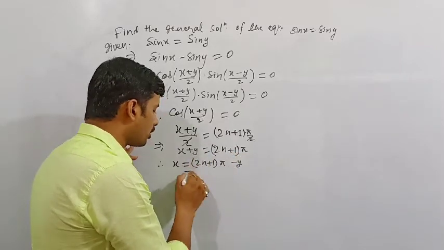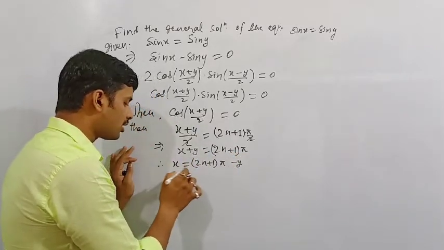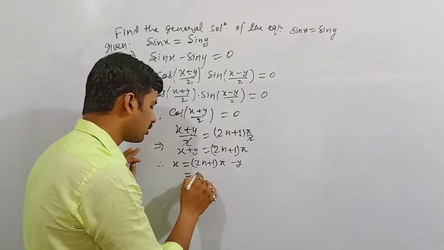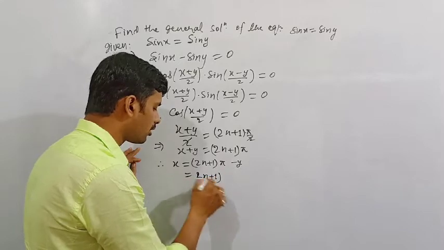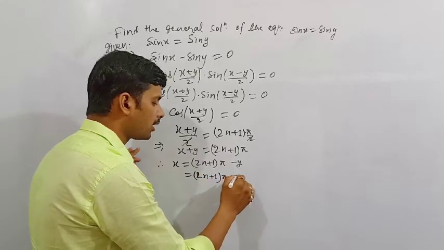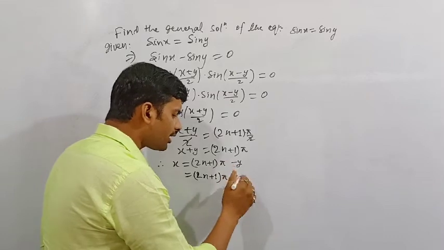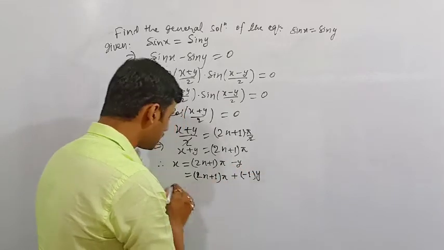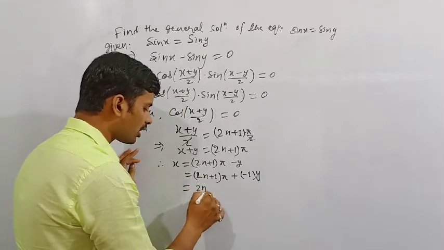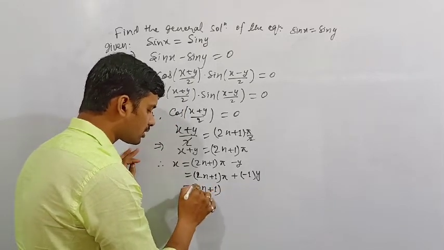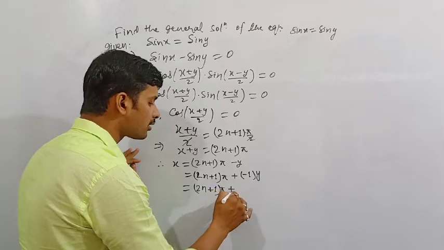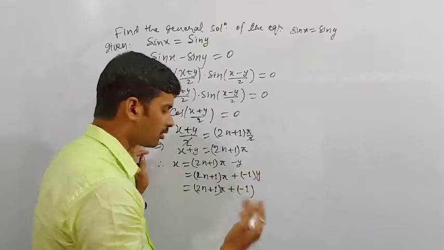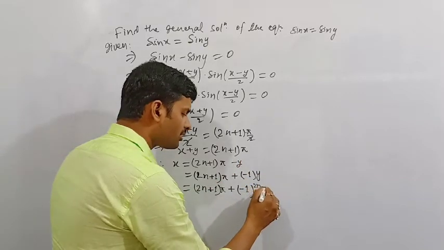Okay, so we see that the first part is what? Odd multiple of pi. Then we can write plus minus 1 into y easily, and in this way we can also write the second term as minus 1 to the power any odd number, suppose a general odd number, that is 2n plus 1.